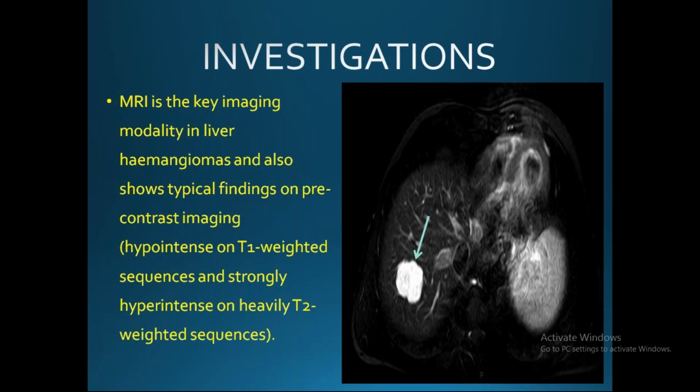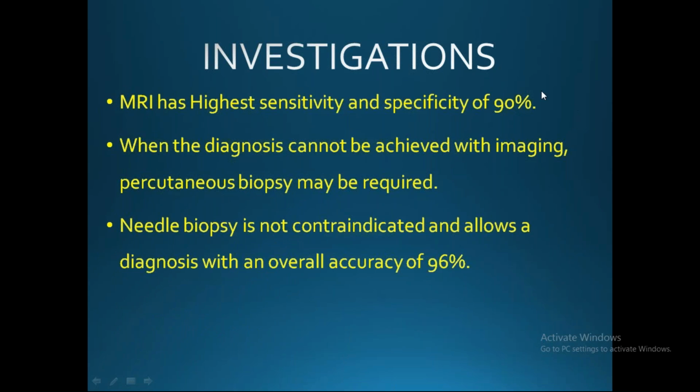This entire thing is the liver, and you can see the biliary system going inside the liver to the hepatocytes. So this is the lesion. Of the CT and MRI, again MRI has the highest sensitivity.